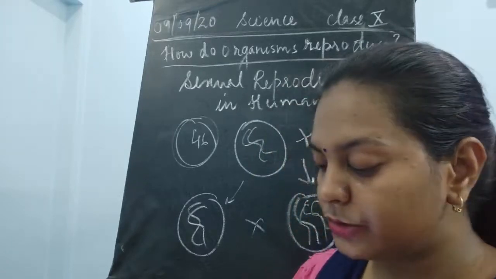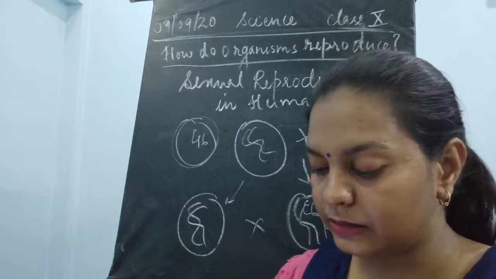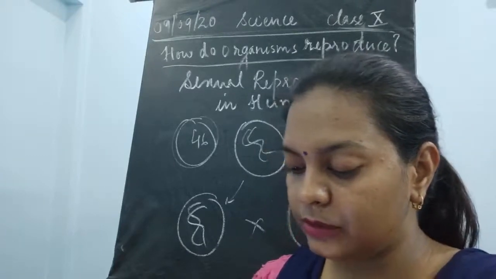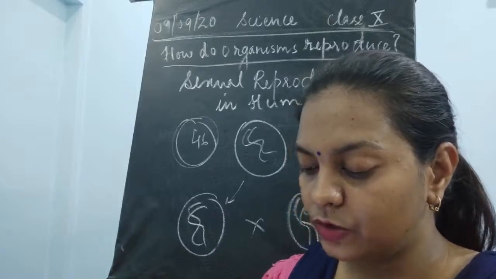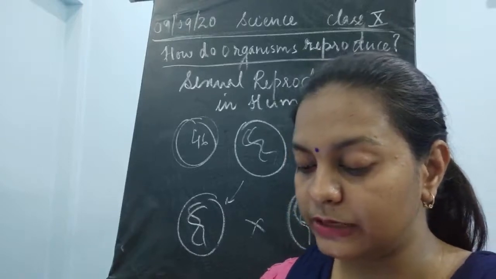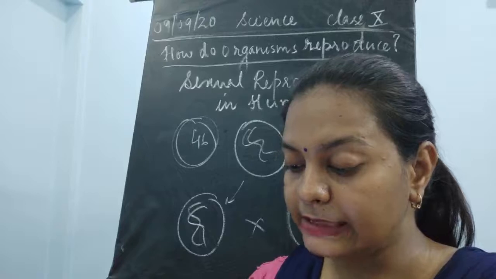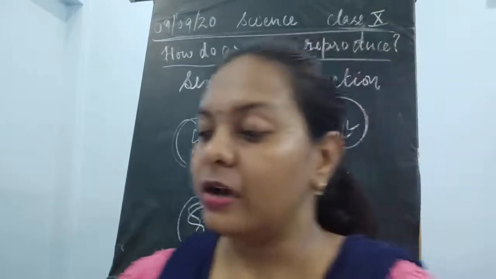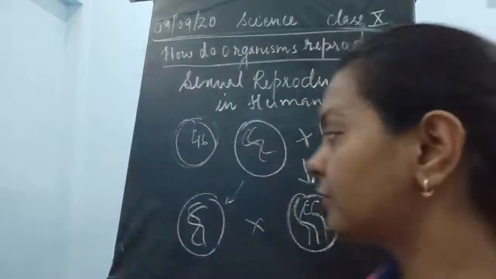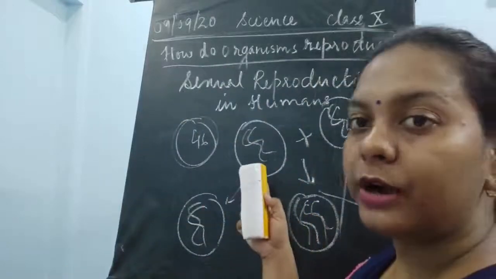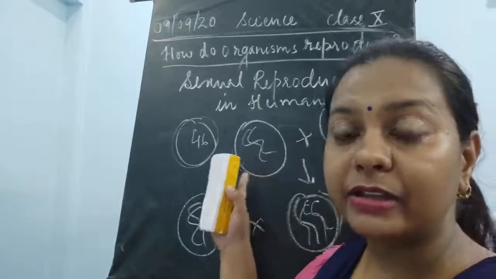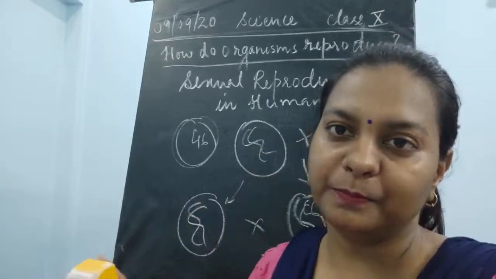Now, one solution that many multicellular organisms have found to the problem mentioned above is to have special chromosomes and half the amount of DNA as compared to the non-reproductive body cells. Here the solution is that each and every cell in our body does not have two copies of DNA.